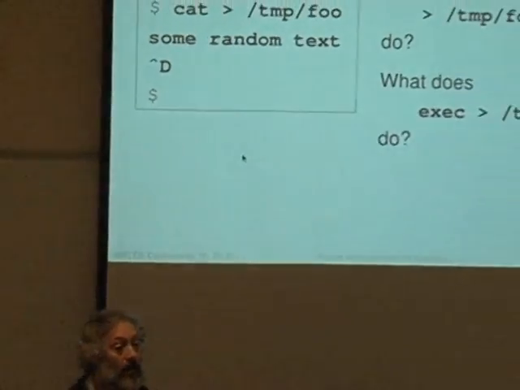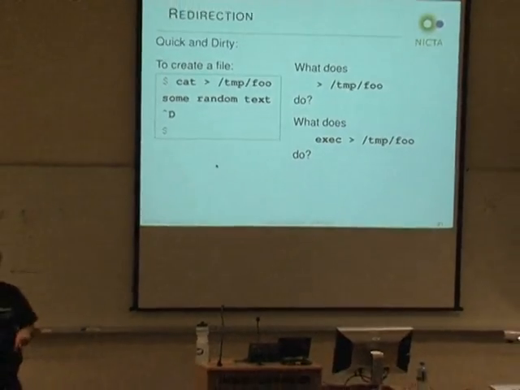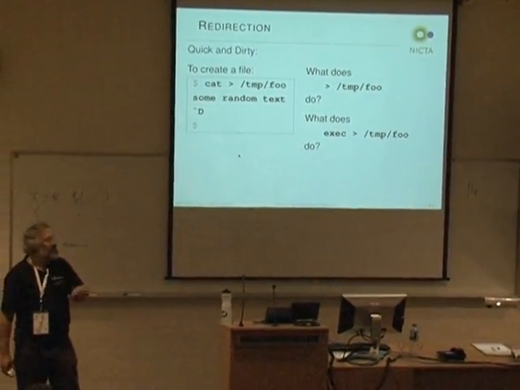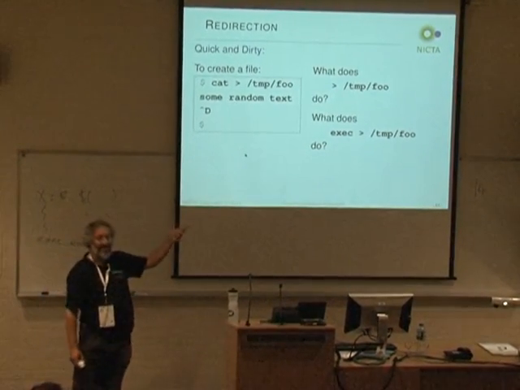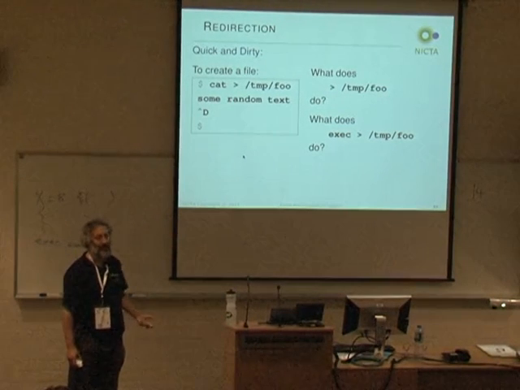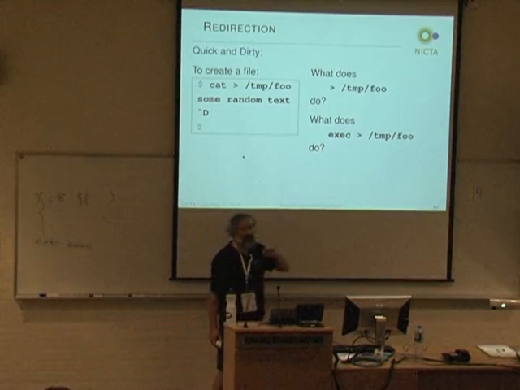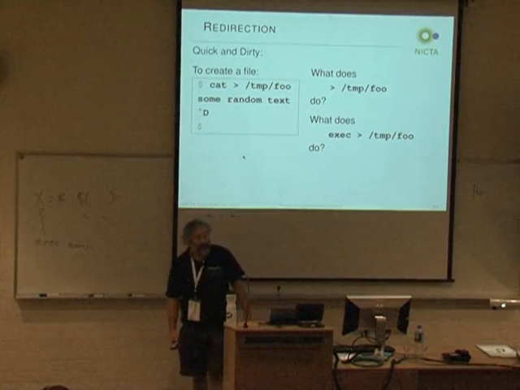Yes? Set up redirections for the future. Yes, that sets up redirections for the current process. Because what the shell does, it sees the redirection and does it, then it sees the exec and says, oh, there's nothing to exec, I'll just carry on going. And so the effect is to make the standard output now /temp/foo. Cool?